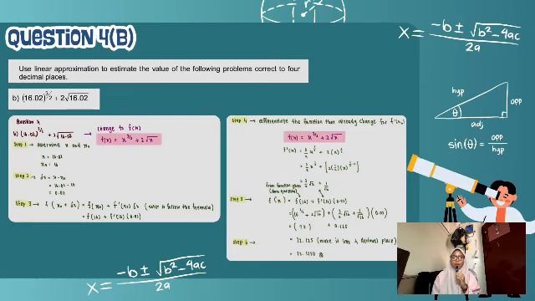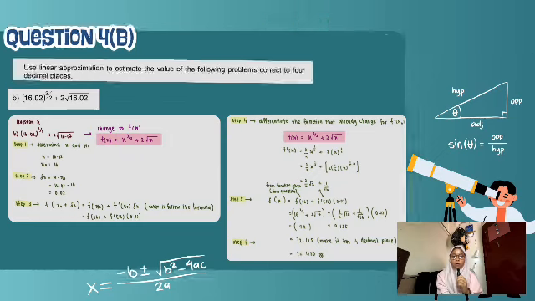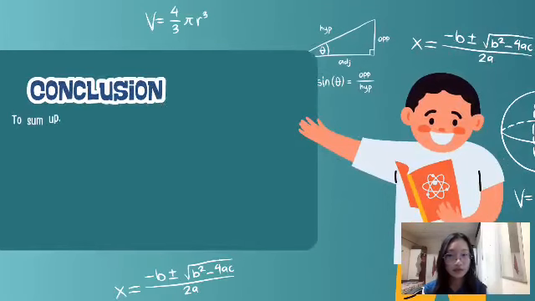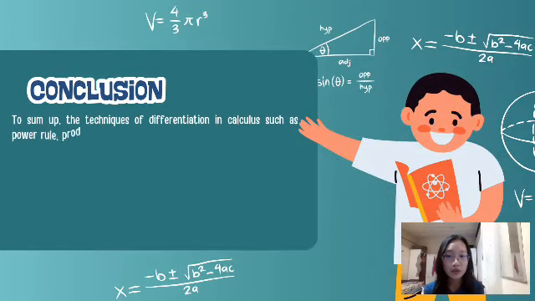For the last step, we have to make the answer into 4 decimal places. So the final answer is 72.1250.